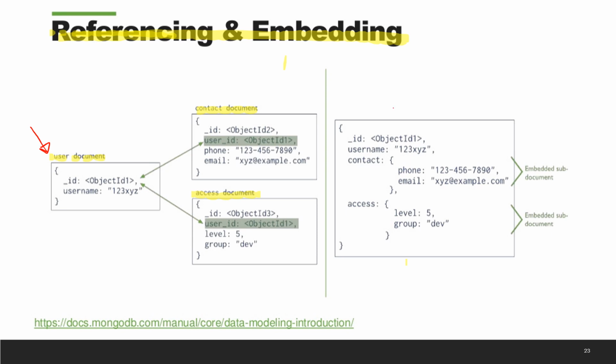Then we store details about the contact information of a user in the contact document. And we store data about access control, the access level of a user, in what we call the access document, and we make them reference each other. So this left-hand side is an example of how we can use the referencing mechanism to model a relationship.